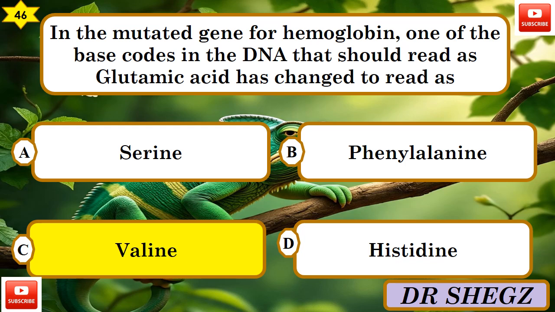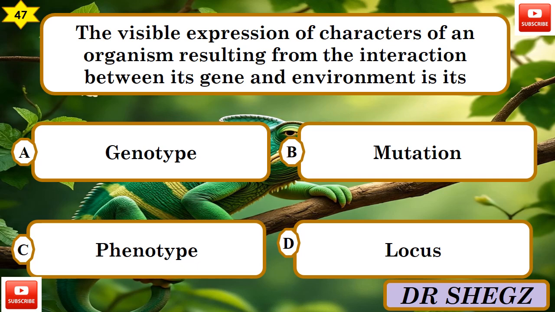Visible expression of characters of an organism resulting from the interaction between its gene and the environment is its phenotype, the sum of observable features of an organism.